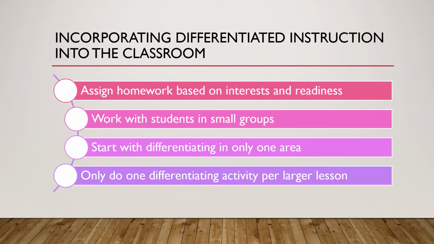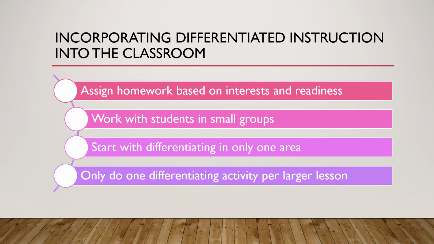So what does incorporating differentiated learning into the classroom look like? There are a lot of different ways it can look, but as we've talked about, small groups are an easy way to get started. You can differentiate in only one subject area or at one time of day, starting small. Only doing one activity per lesson is also a good way to make it easier to start incorporating differentiation into your classroom.